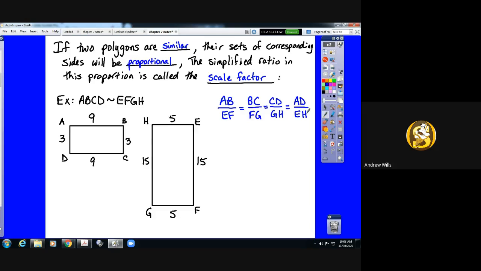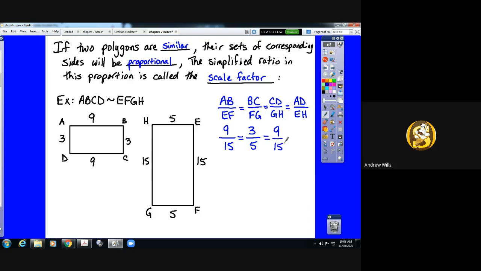So what we're going to do is plug in the side lengths from the picture into that proportion. For instance, AB is 9. So we're going to put 9 in for AB. EF is 15. BC is 3. FG is 5. CD is 9.